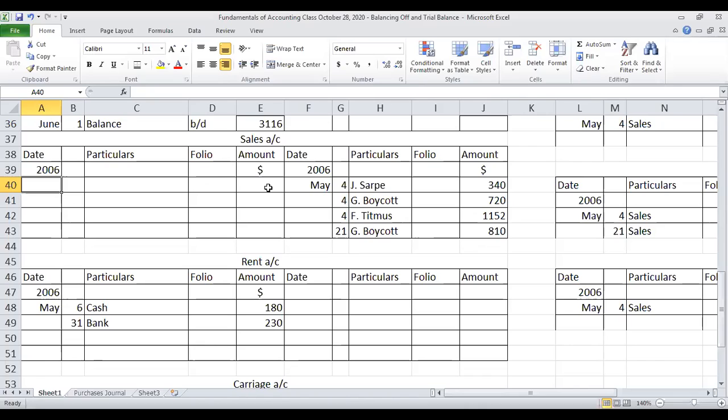Obviously, this side is 0, so just put in the figure. So you have May 31, remember at the end of the month, as always, balance CD, $3,022.